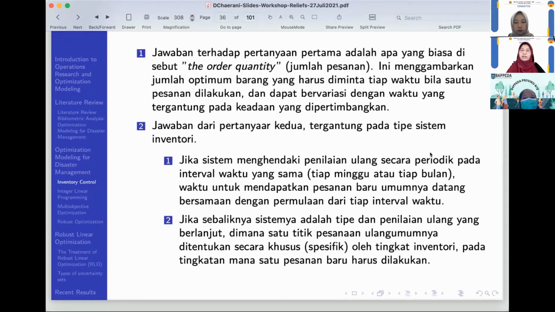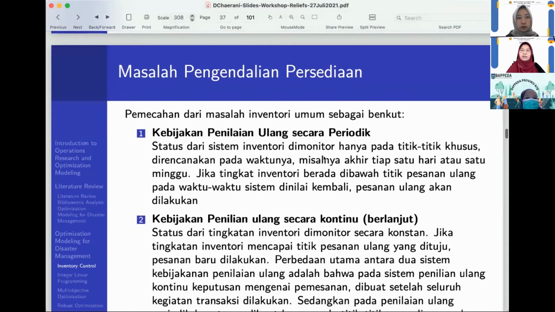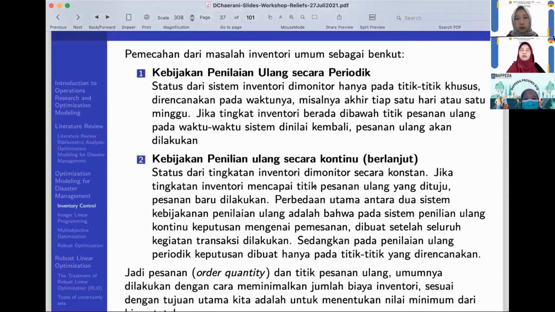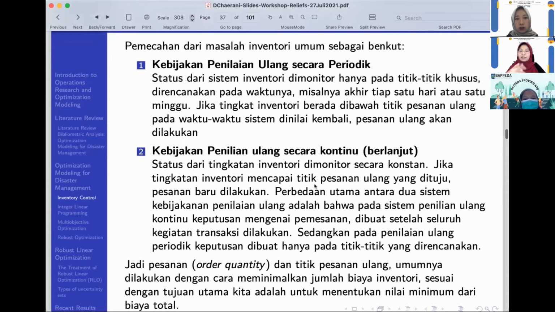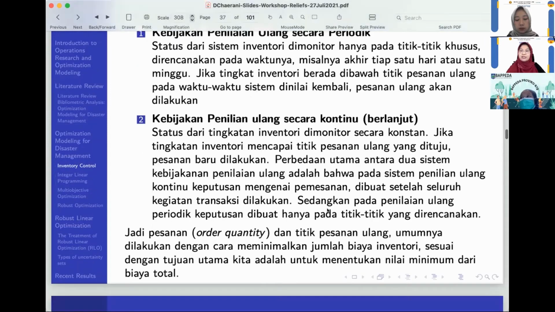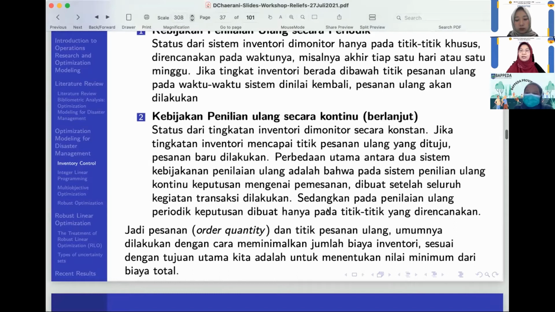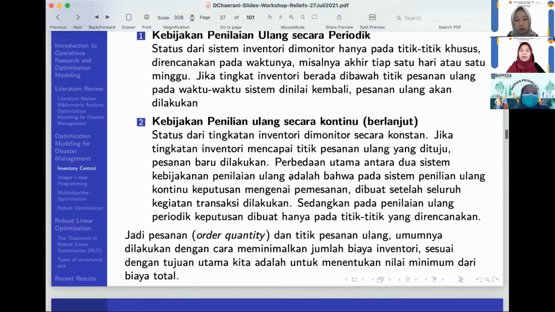Ini bergantung kepada tipe inventory-nya, apakah periodik atau berulang berkelanjutan, dan bagaimana jika periodik atau kontinu. Maaf, ini saya overview saja supaya tidak terlalu panjang. Nanti insya Allah slide-nya di-share oleh panitia sehingga Bapak dan Ibu bisa melihat kembali secara detail, karena slide ini seperti slide kuliah.